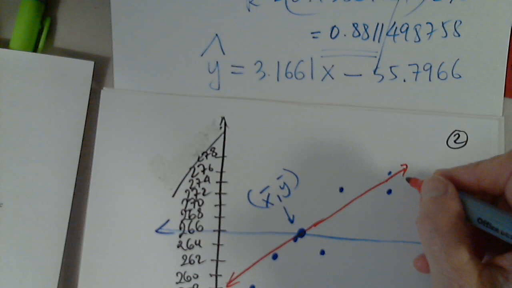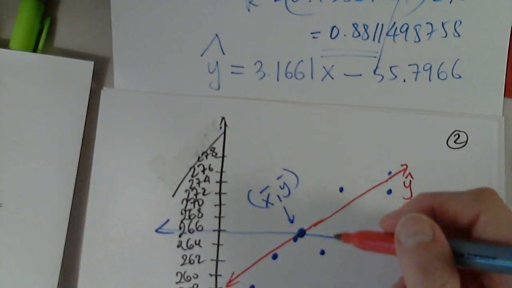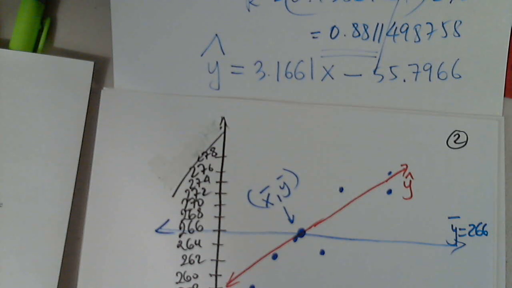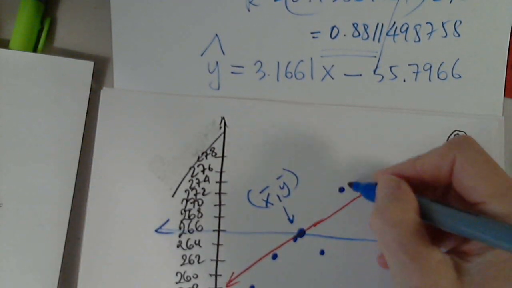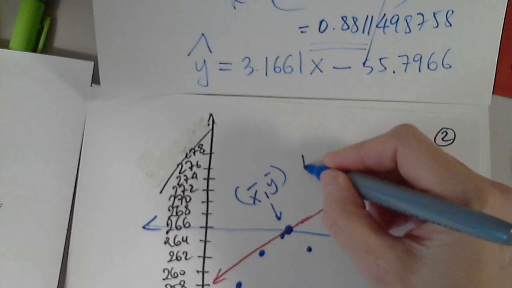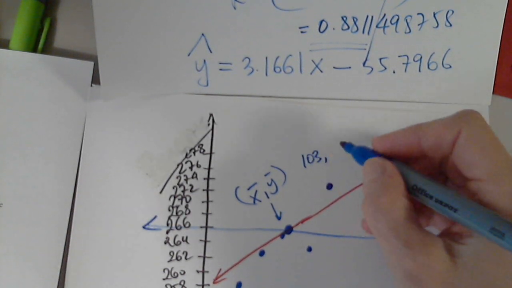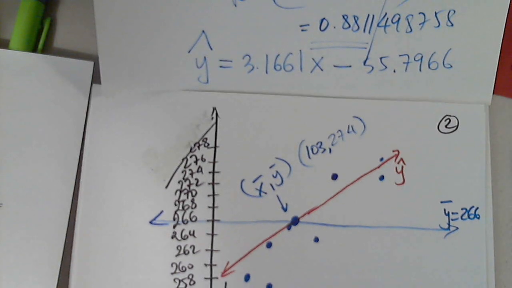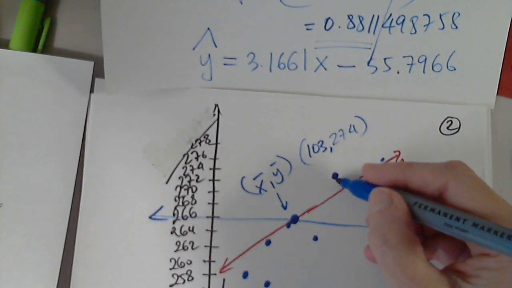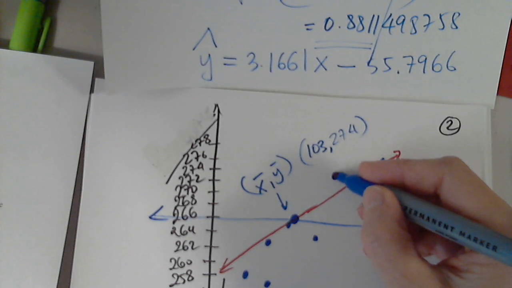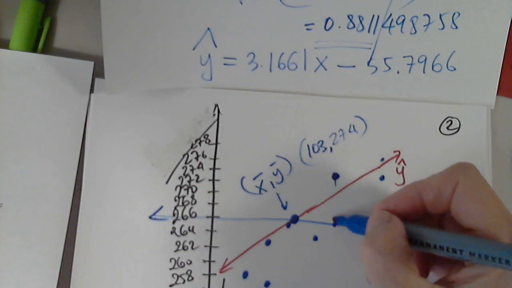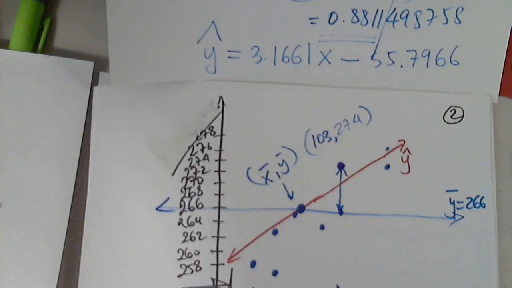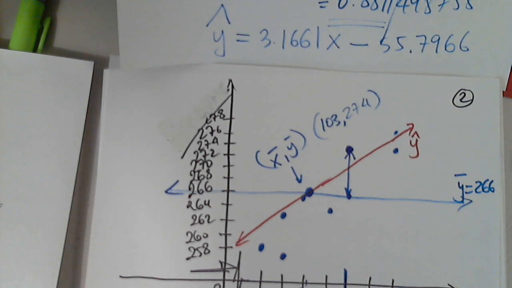And this is the linear regression line. I just want to show the explained and the unexplained. I'm going to pick point 103. So the coordinates for this point are 103, comma, 274. So this distance between the point and the y bar, this distance is the total deviation.